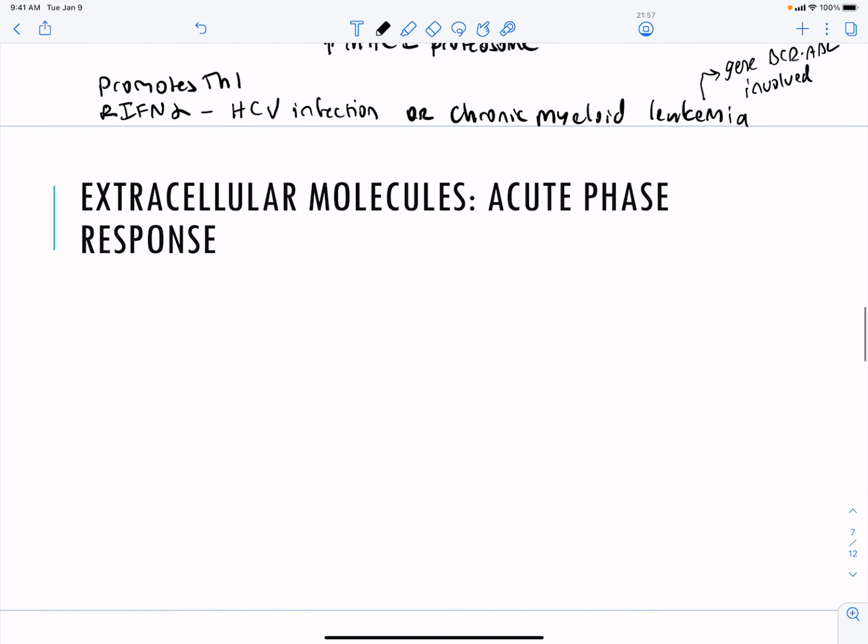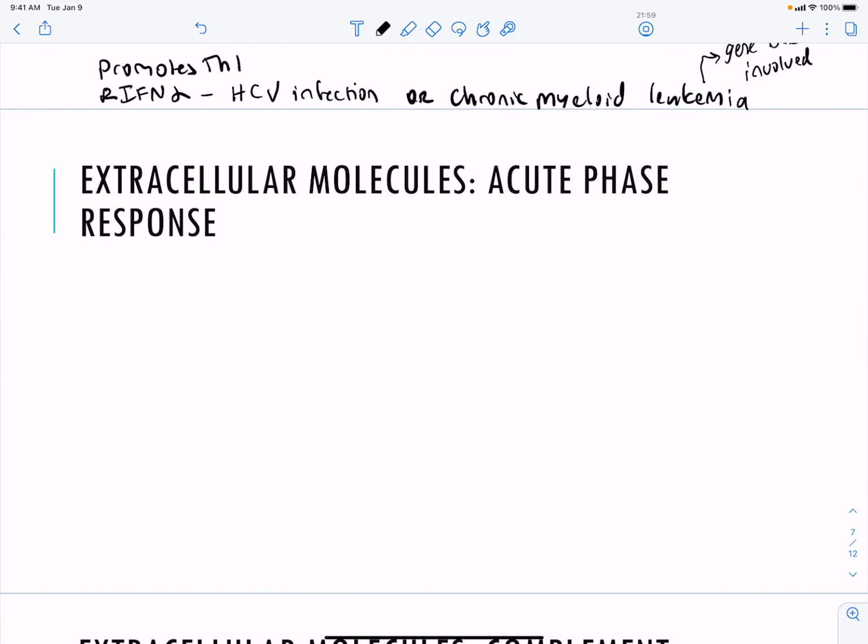Okay, so the next thing to talk about is the acute phase response. We have talked about the acute phase response. This is going to be triggered by the release of three main cytokines: IL-1, IL-6, and TNF.